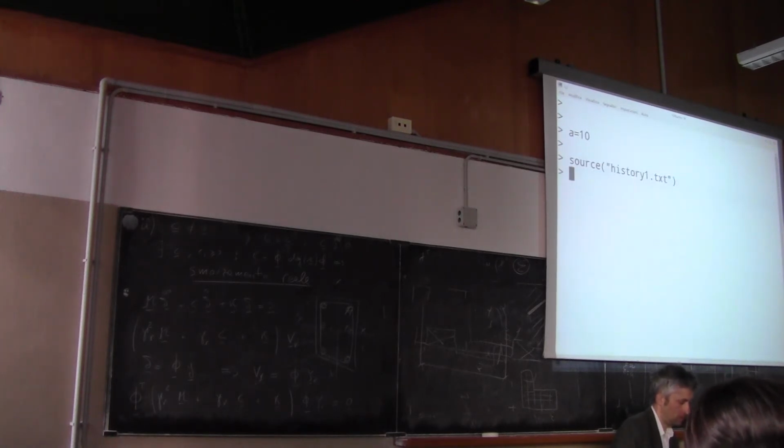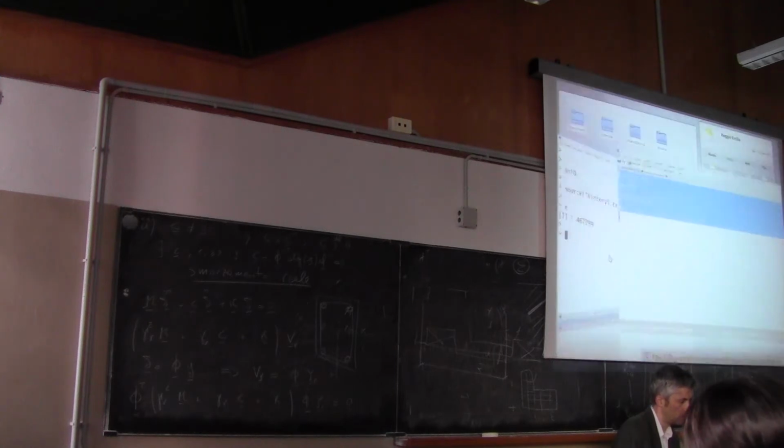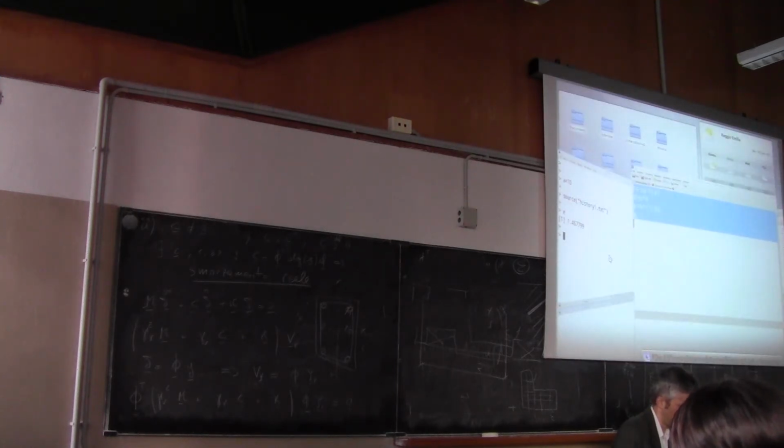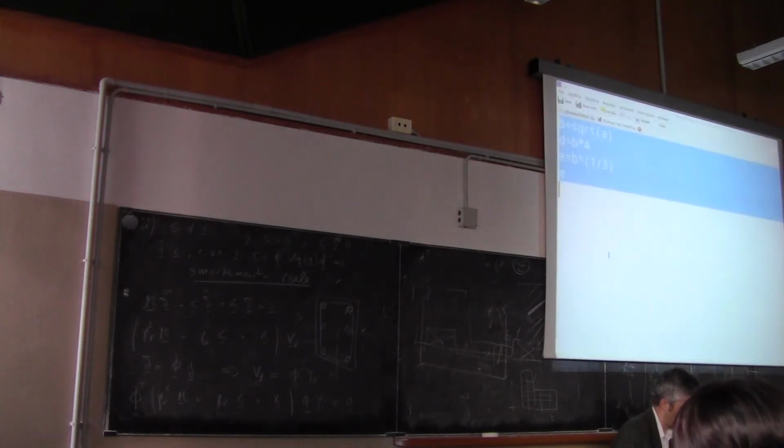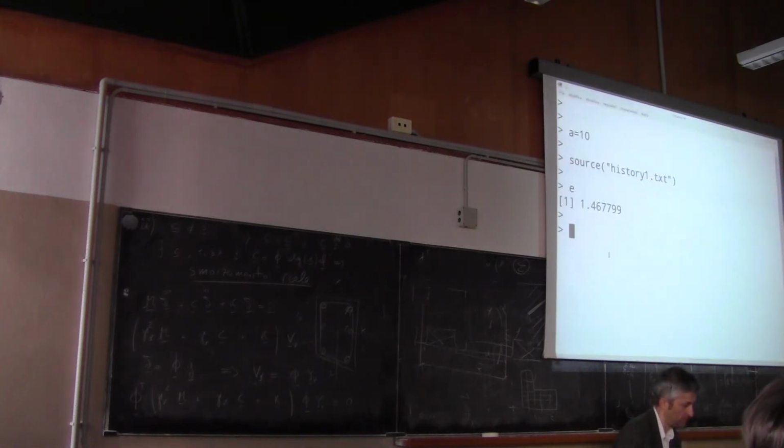Then it loaded the file and you get the value of it. I don't understand why it didn't display. Let me see. Because I didn't save the file. Now let me see, A equal 20, and then the source. No, it doesn't display the result.